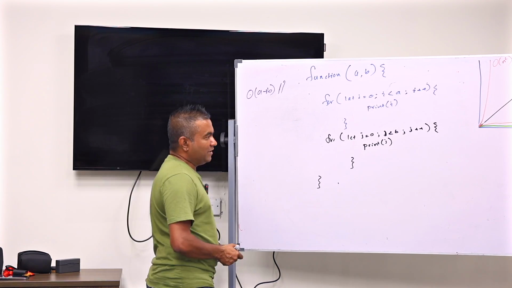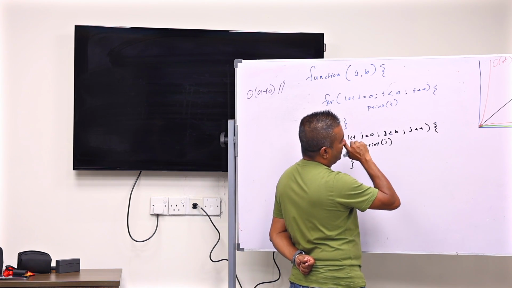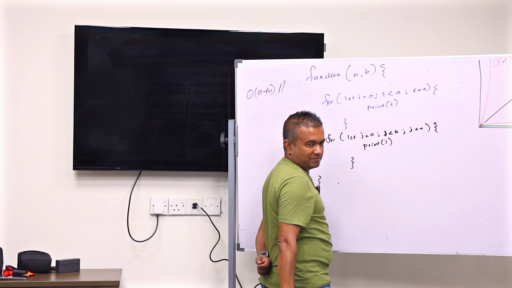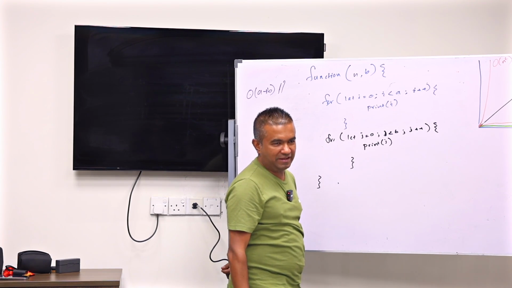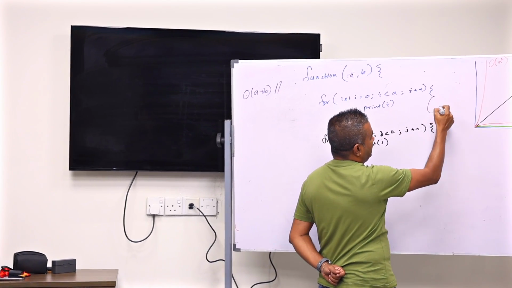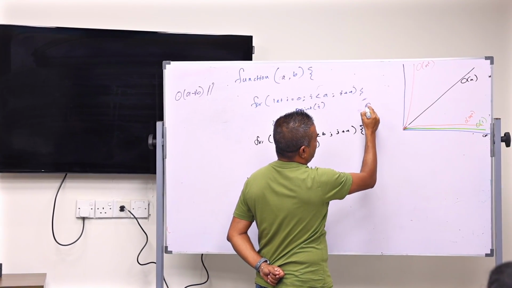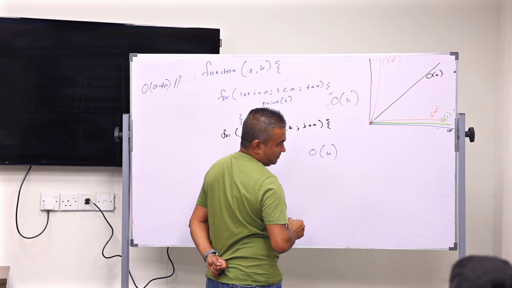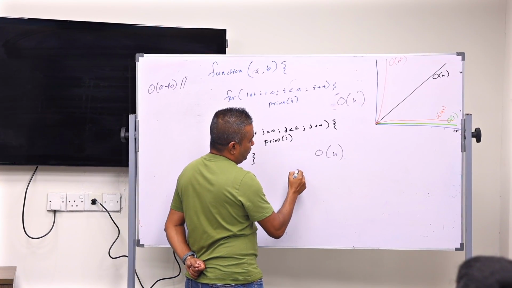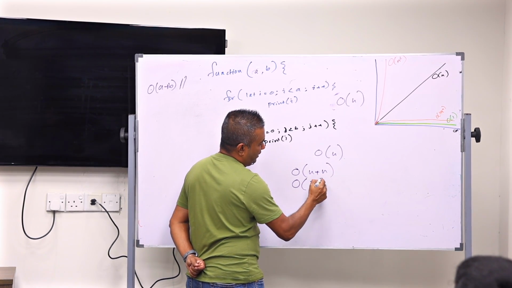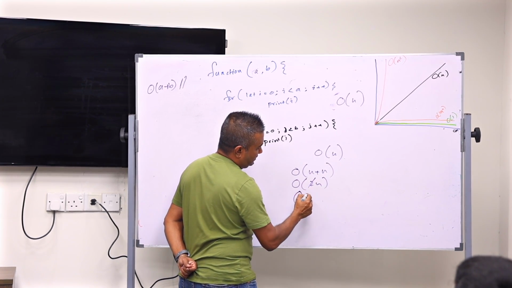Technically, let's say A is replaced with N. So this is technically O(n), and this is also technically O(n). That means O(n plus n), which means O(2n); we drop the constant, so then what is it? O(n).